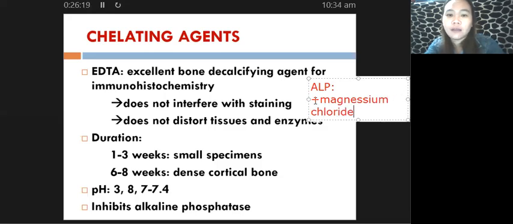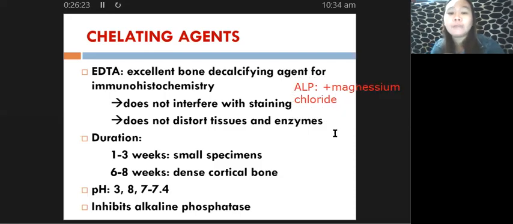Okay? All right. If you're going to look at the advantages of your EDTA, it actually has a lot of advantages. Okay? Because it's not as detrimental as compared to the acid decalcifying agents that we use in the laboratory.